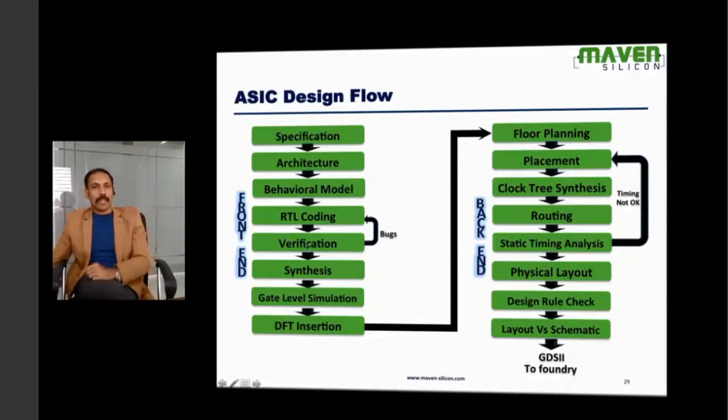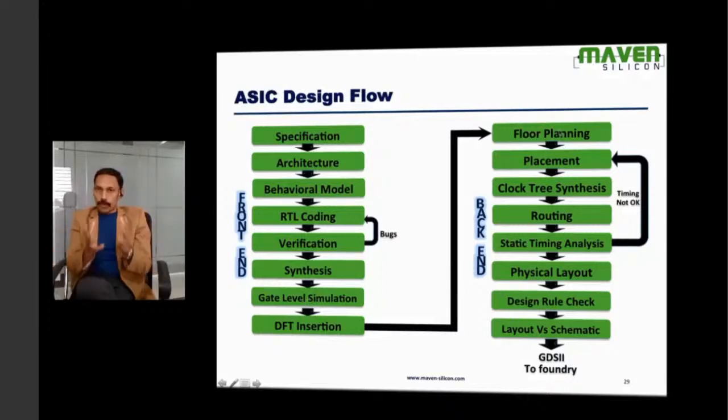And after verifying the functionality, we synthesize the RTL and generate the netlist. After generating the netlist, we insert the DFT logic in the netlist. So basically, we replace the regular flip-flops by scan flip-flops. And then the netlist goes to P&R. We do floor planning based on the shape of the chip.